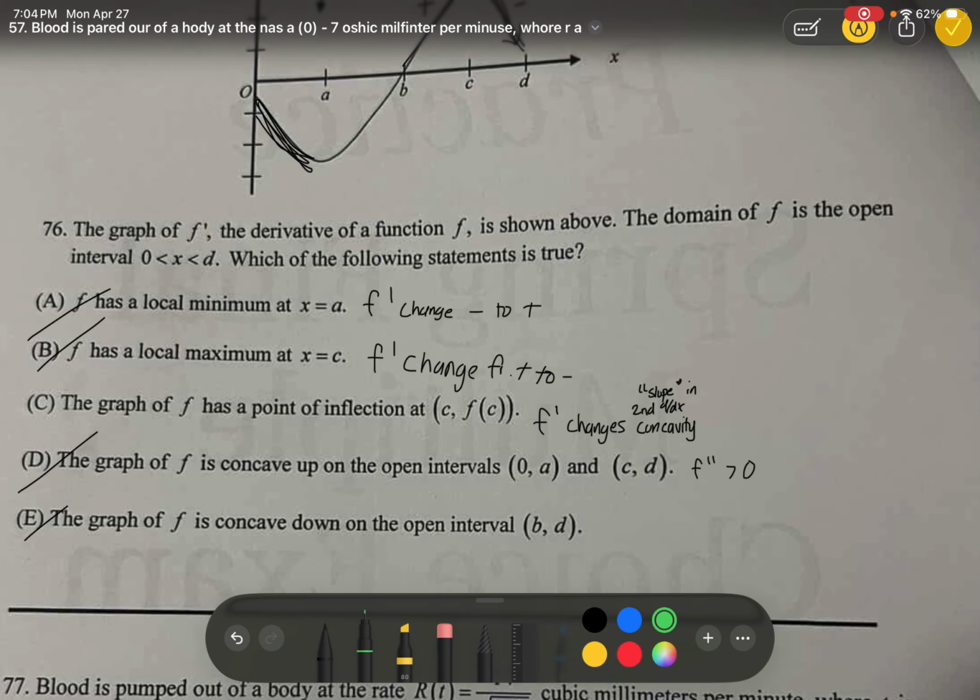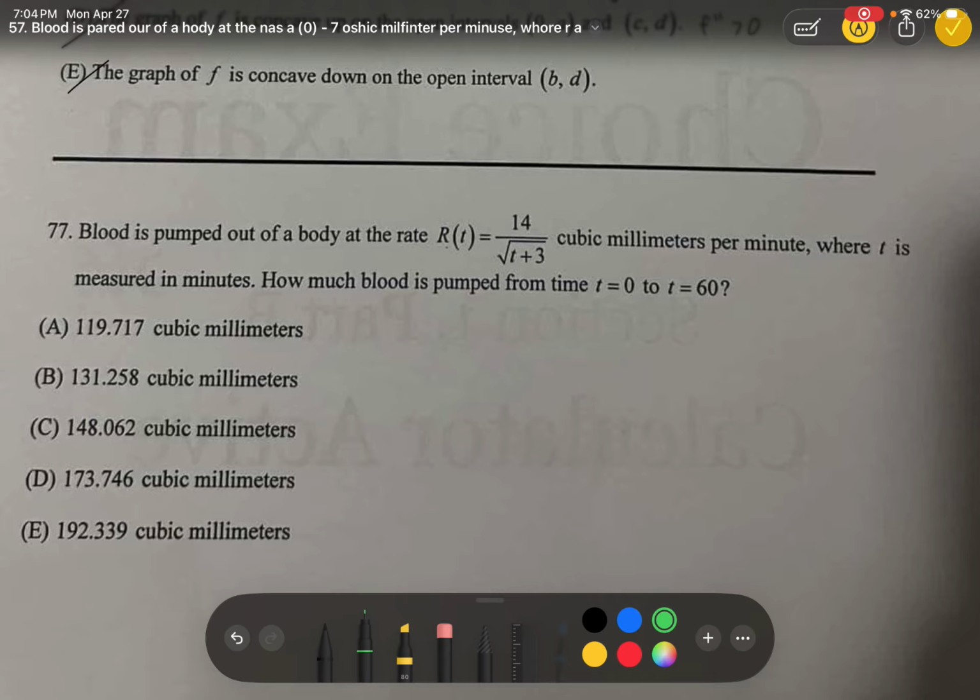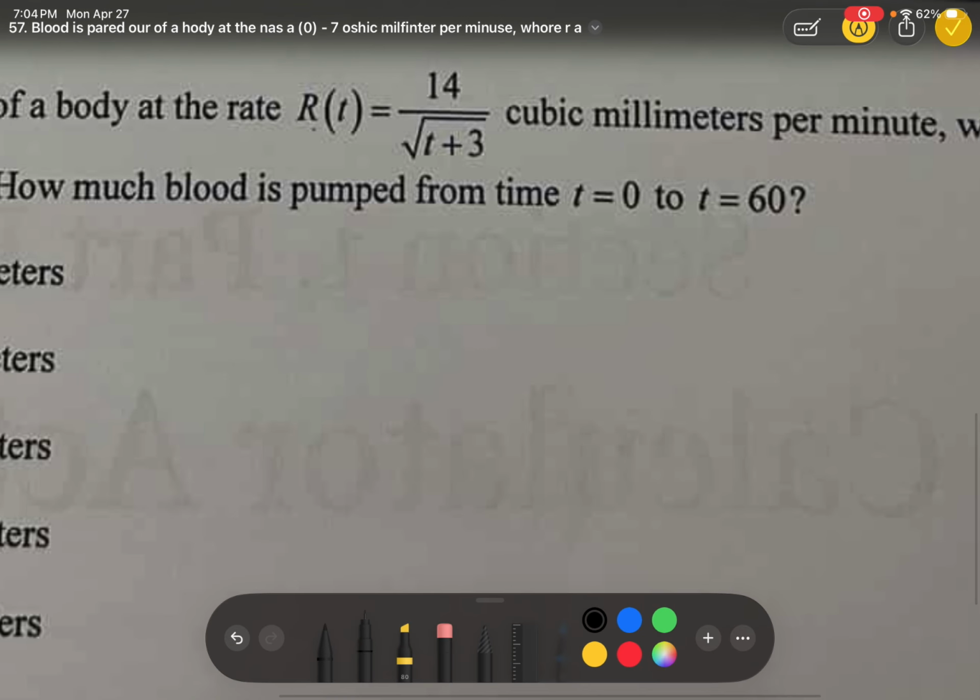Blood is pumped out of a body at the rate r of t. Let's store that function first. The rate is in cubic millimeters per minute, where t is measured in minutes. How much blood is pumped from time t equals 0 to t equals 60?